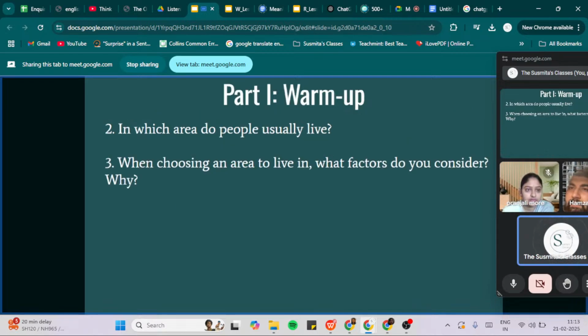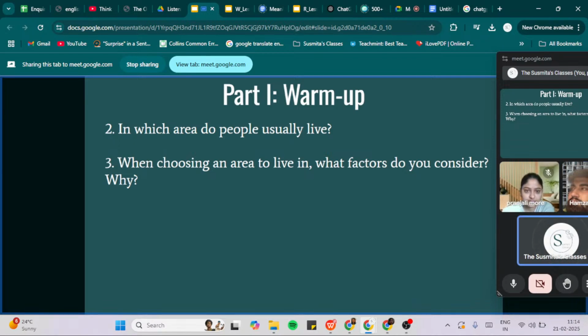Next, in which area do people usually live? Residential areas. Residential areas, very good. And when choosing an area to live in, what factors do you consider and why? Environment. One word answer, no, two sentence answer. We check environment, nearby places, the neighbors, the society, and the immediate facilities.